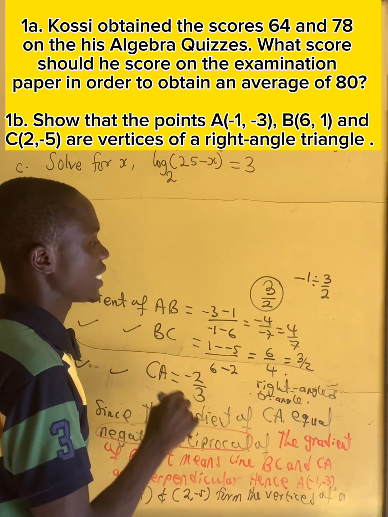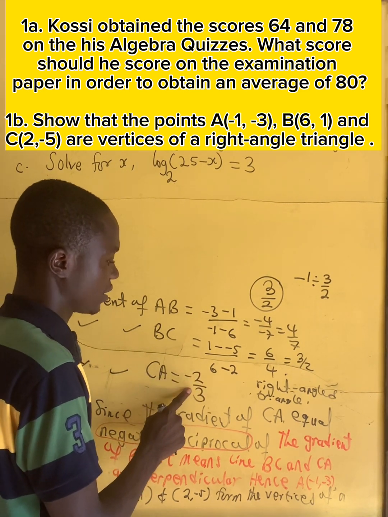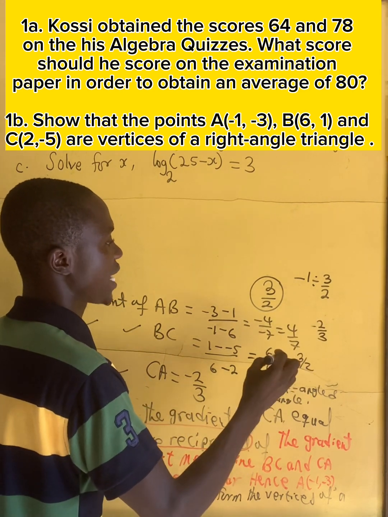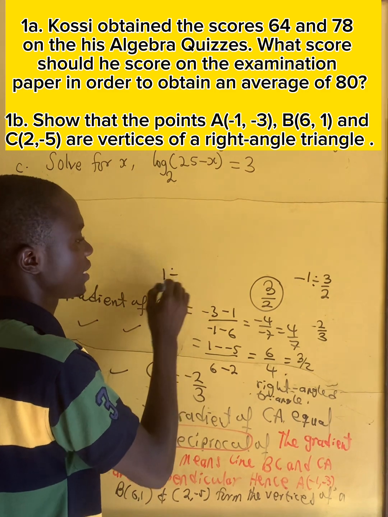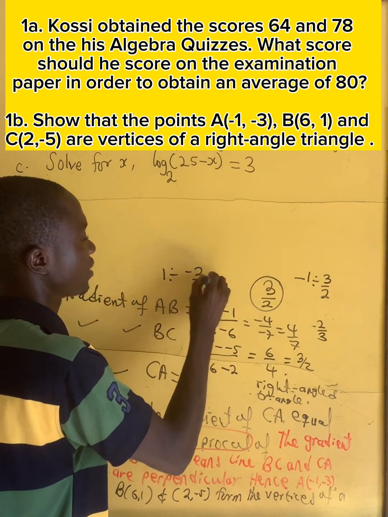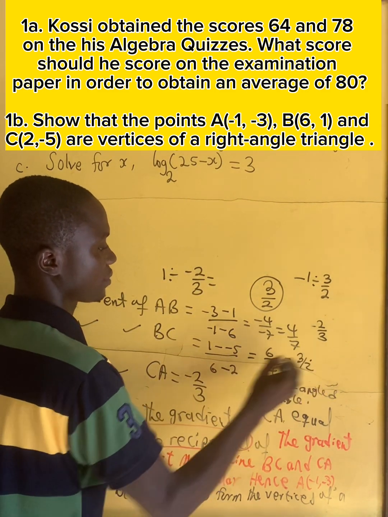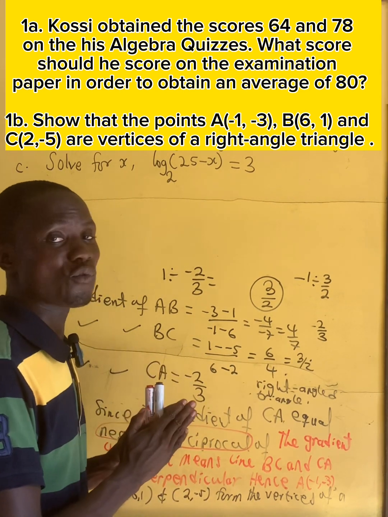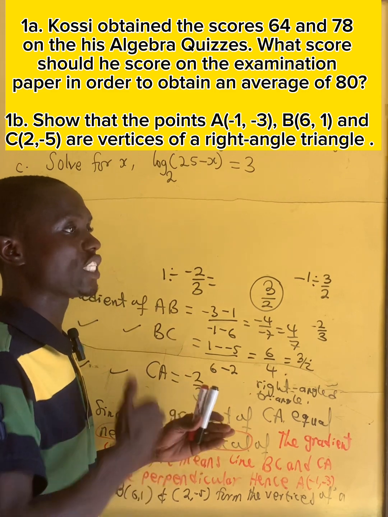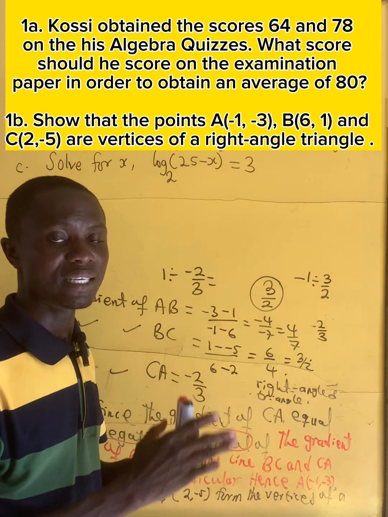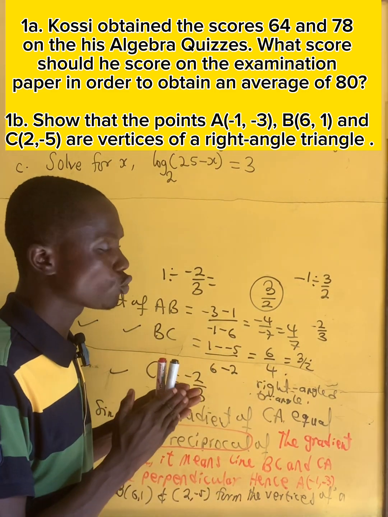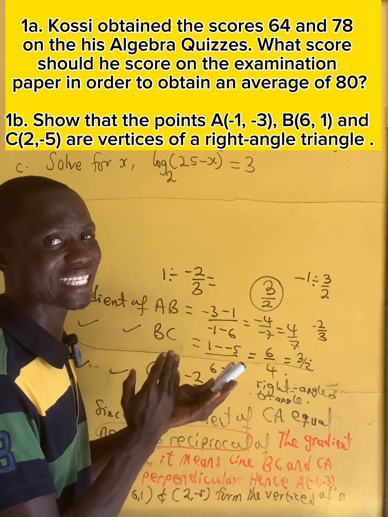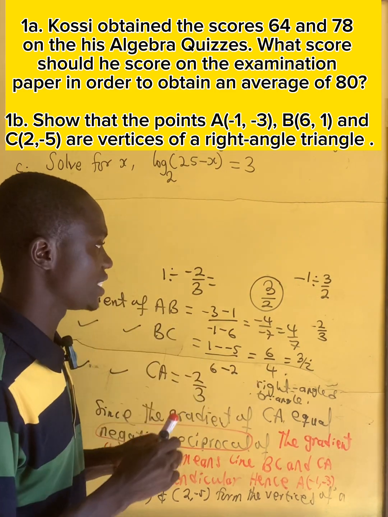Or, if I take negative 2 out of 3, and then write 1 divided by negative 2 out of 3, I'm going to get this. So whenever the gradient of one line is the negative reciprocal of the other, it means that those two lines are perpendicular. Perpendicular means they meet at an angle of 90 degrees.